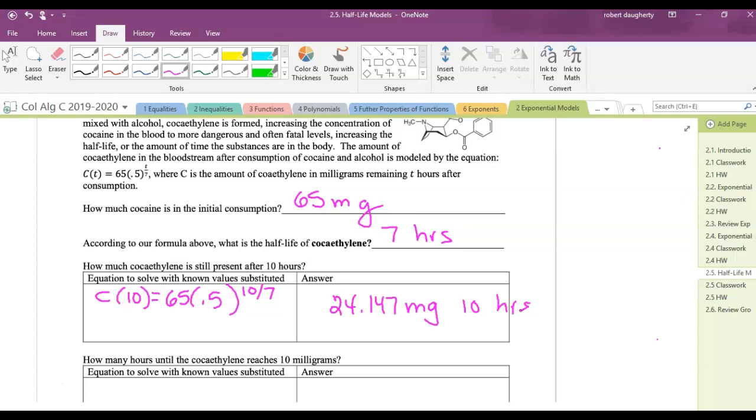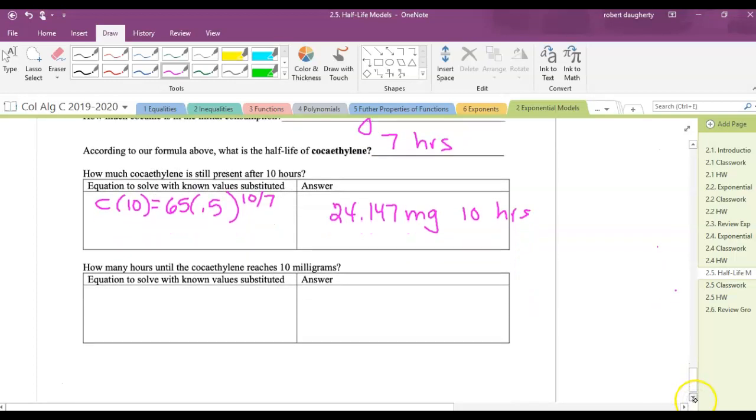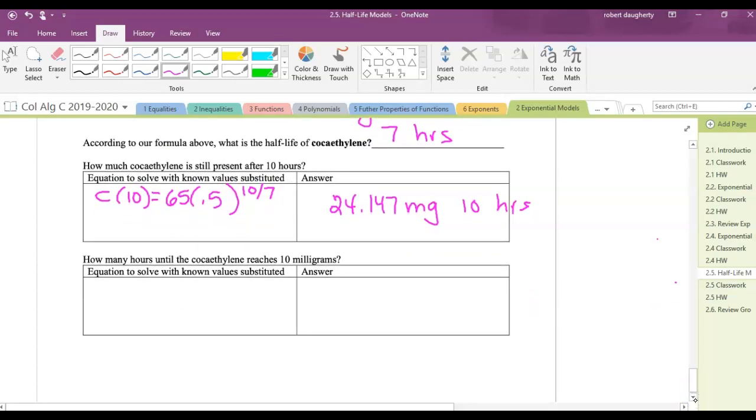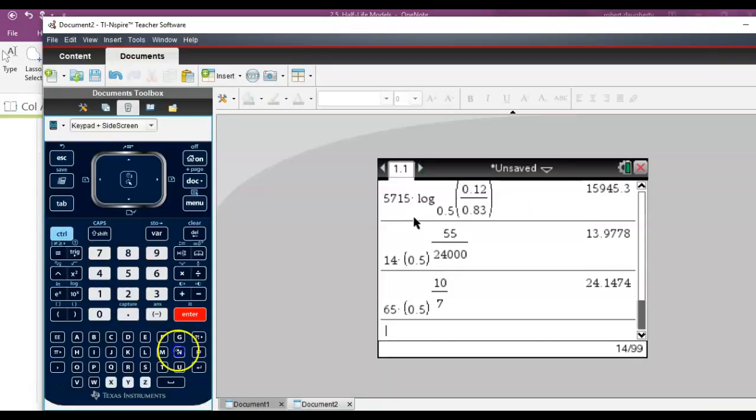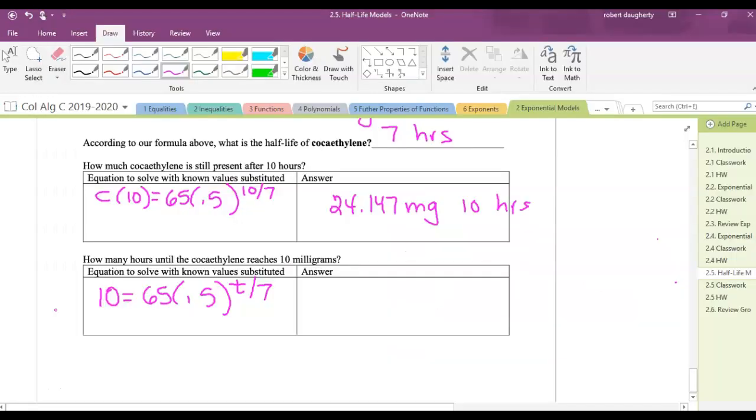How many hours until I reach 10 milligrams? Okay, I'm solving for the exponent. So I'm saying I want to end up with 10 milligrams out of my original 65. I've got to solve that for t. That's going to be nSolve on my calculator. So I'm asking for when it reaches 10.